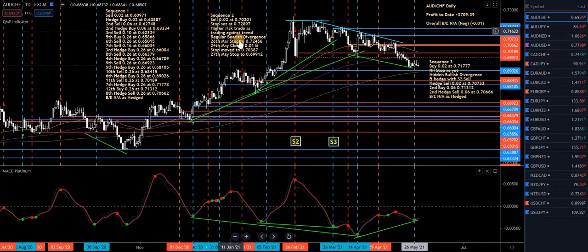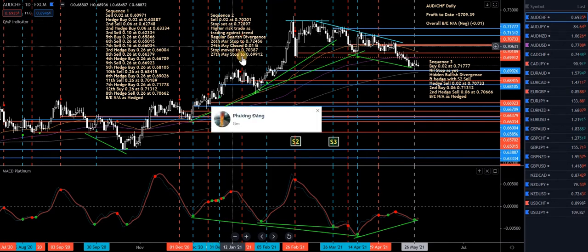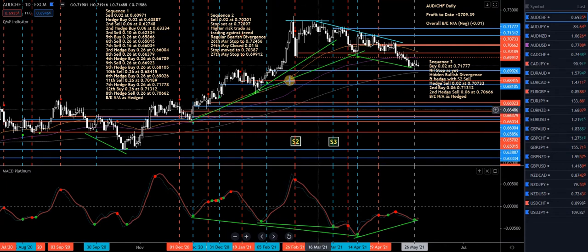Sequence 2 is this sell in here. The stop was originally up here. It took a long time, but eventually closed half. You can read the notes on the charts here. Any action I take, I write it down and keep track of what I'm doing.